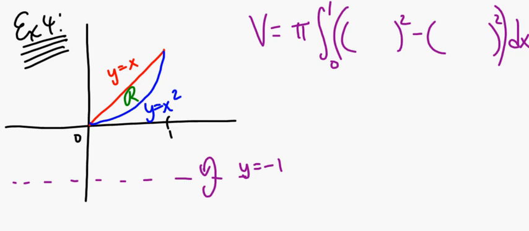And the questions are twofold. What is the big radius? This would be the big radius. And what is the small radius? This would be the small radius. So the big radius runs from x down to negative 1. So this much is x, and this much is 1. Together, they're x plus 1.